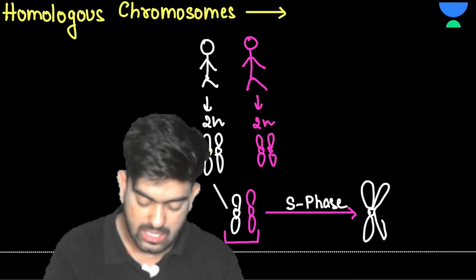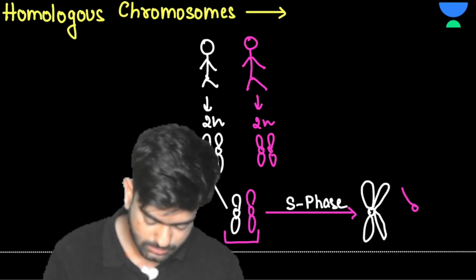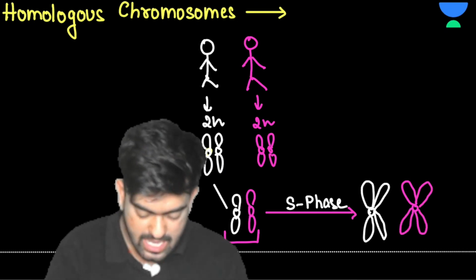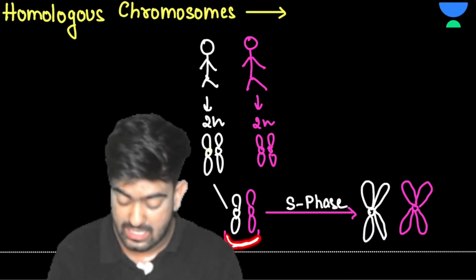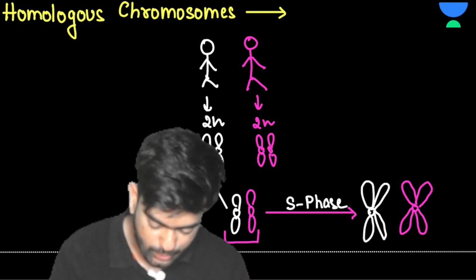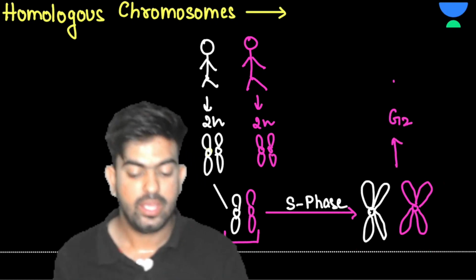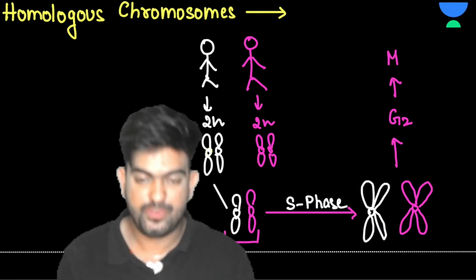Julie's chromosome also became like this. This was before S phase and this was after S phase, and this will go into the G2 phase, and from G2 it is going to go into the M phase.